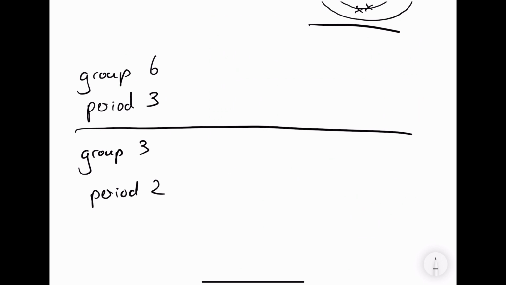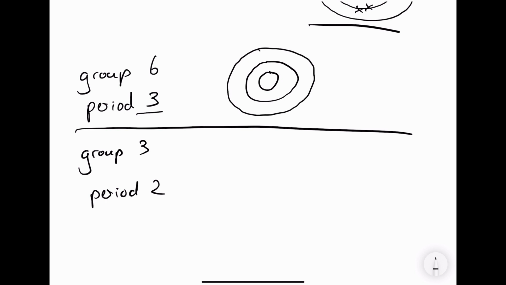So let's look at 2 examples of how we can use the group and period numbers to help us with our electron configurations. We're given group 6, period 3. Now we know that the period number shows us the number of shells. So 1, 2, 3. And the group number gives us the number of valence electrons. So I can fill in the inner shells.